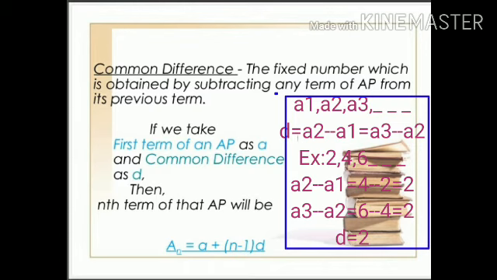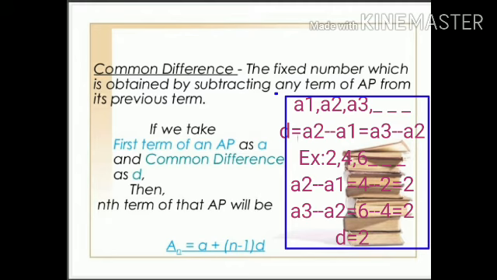Here you observe one example, that is 2, 4, 6 and so on. It is an AP. Here we want the common difference. How can we find it? Dear students, the succeeding term is a2, the preceding term is a1. When we subtract the preceding term from the succeeding term, we get the common difference.